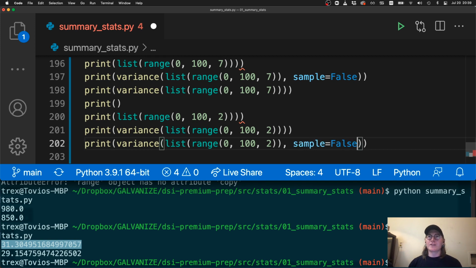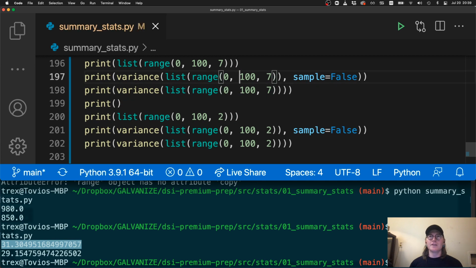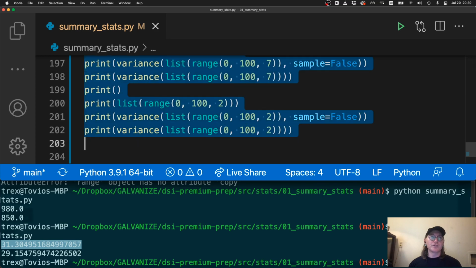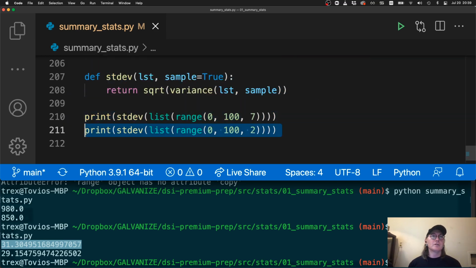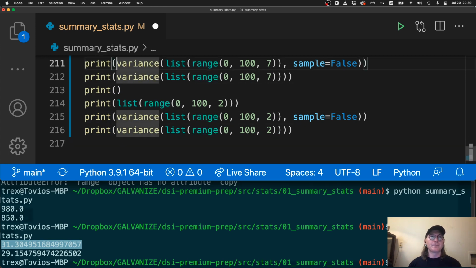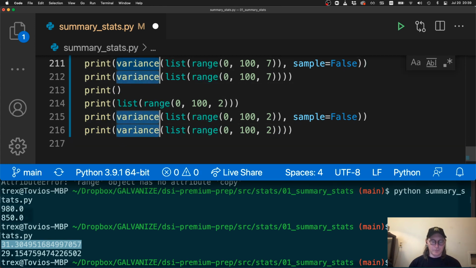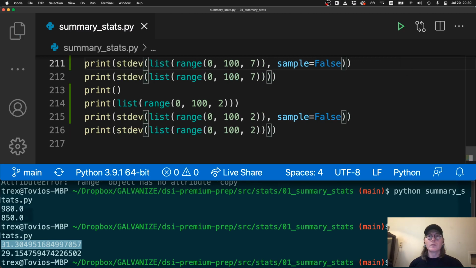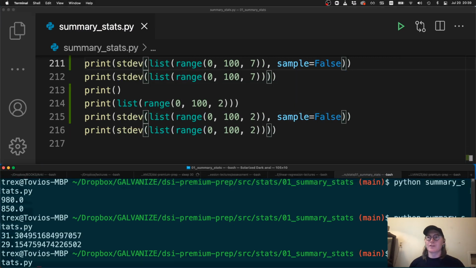So we're going to see the population variance and the sample variance for both of these. And I'm going to just take all of this and do the same thing for the standard deviation. All right. So let's see what this looks like.